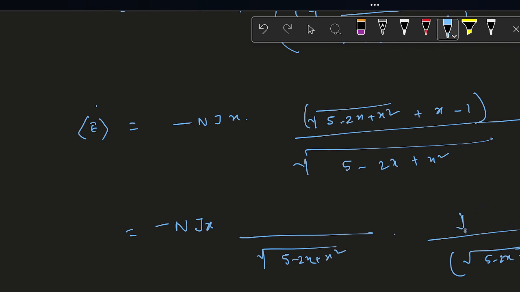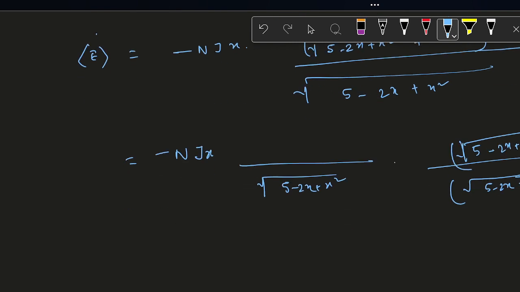And because we have taken two such terms, in the numerator you have to take a square of that. So you're just basically trying to adjust the terms to see whether we can simplify it or not. So this is the thing, and minus njx root over 5 minus 2x plus x squared.